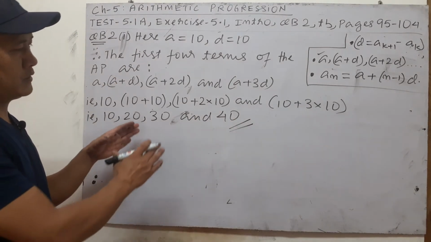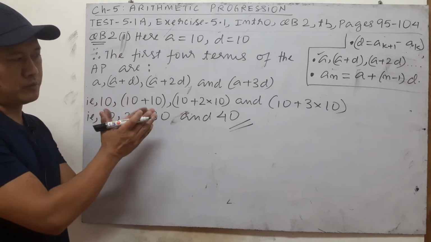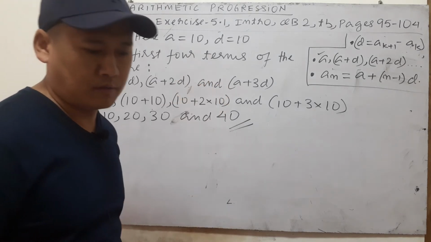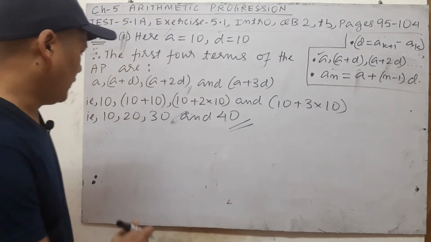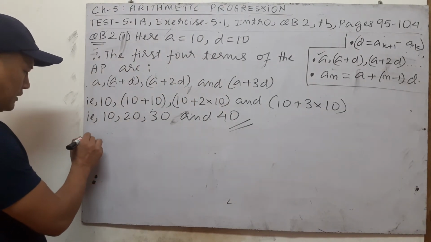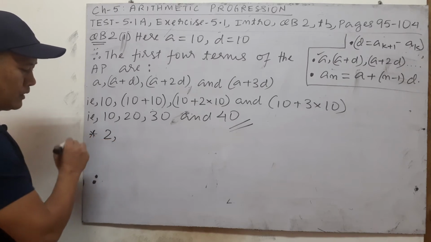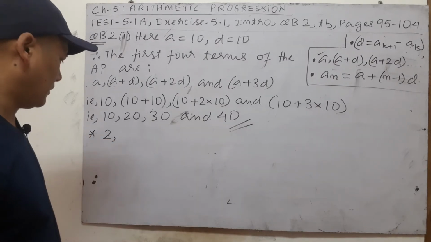The only qualification for a set of numbers to be an AP, arithmetic progression, is they must have a common difference, right? I will give you an example of what is not an AP. You can just write a side note here. For example, it's a sequence, but not an AP.